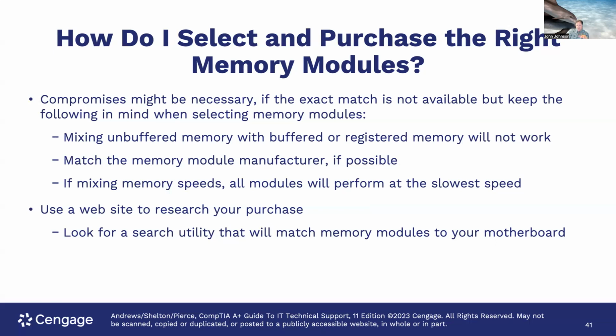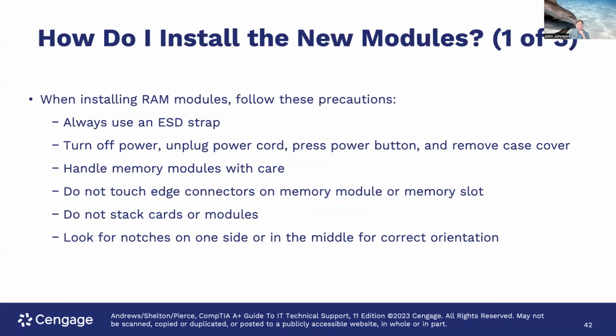And when I go to do something like this, I always look for the cheapest things I can find. Crucial is one of the best ones that I've found personally, but there are other manufacturers as well. So feel free to use these different sites to find memory for your PC or your Macs.